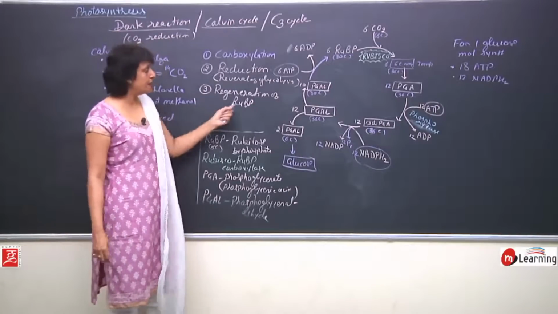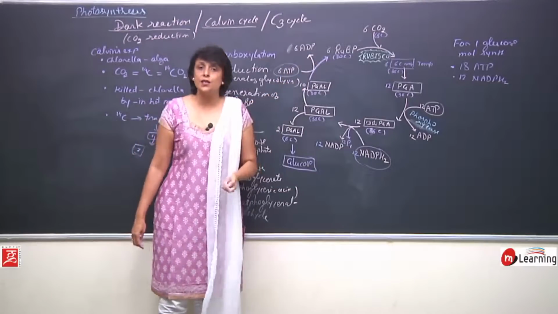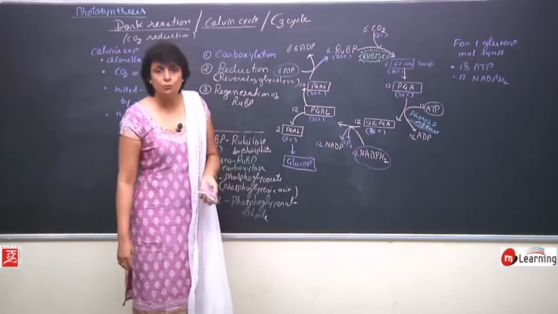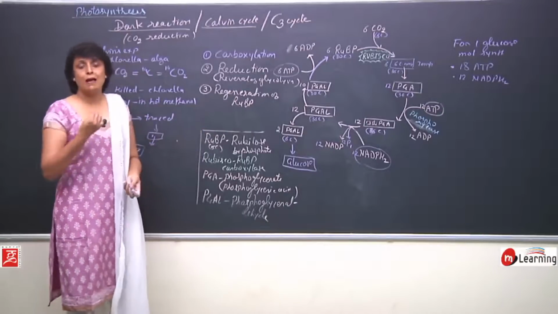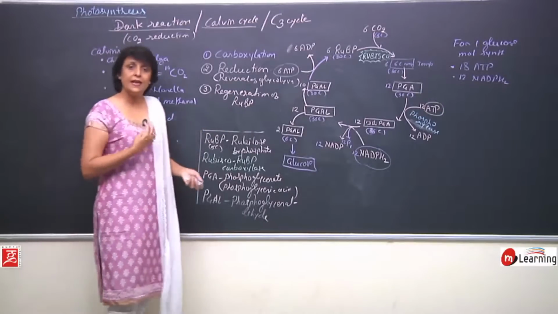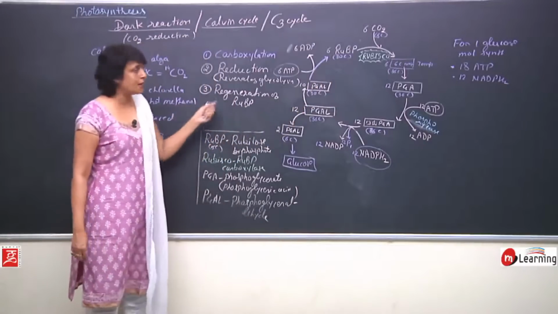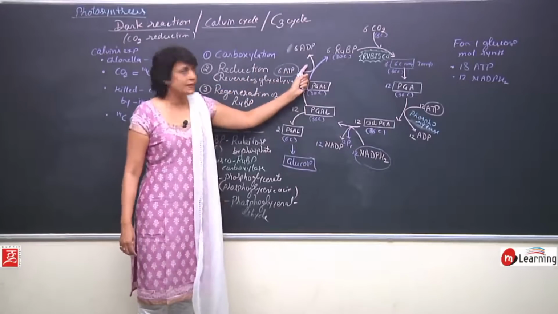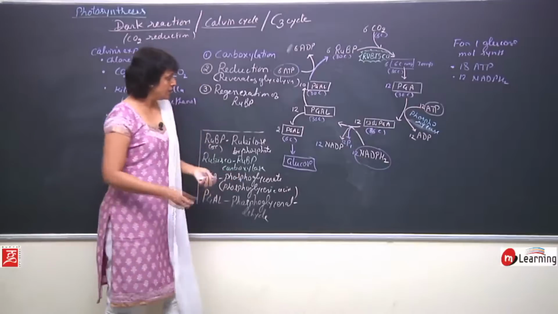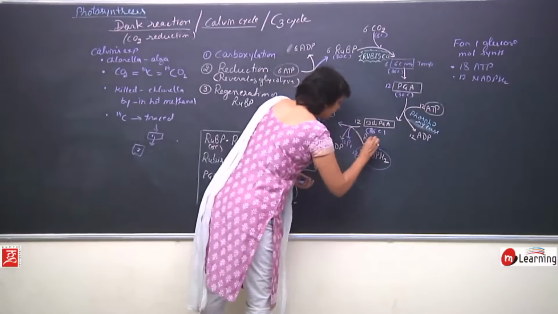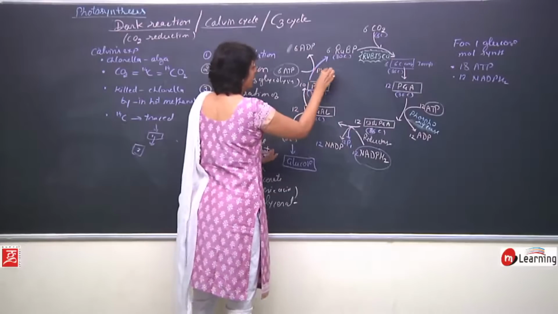And the third step is that the phosphoglyceraldehyde molecules help in regeneration of RuBP. So this RuBP is again available for more carbon dioxide to come in so that it can accept it. Rubisco is a very important enzyme. Everywhere ATP is there, the enzyme is called phosphorylase. Here it will be called a reductase. So here the enzyme is a reductase. Here it is again a phosphorylase.